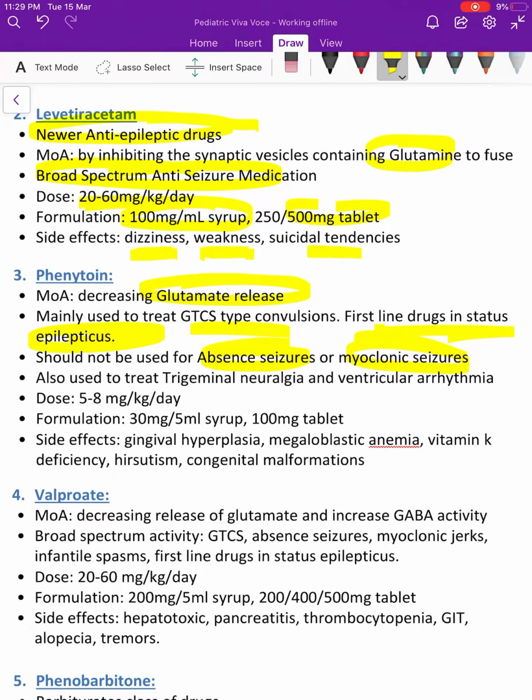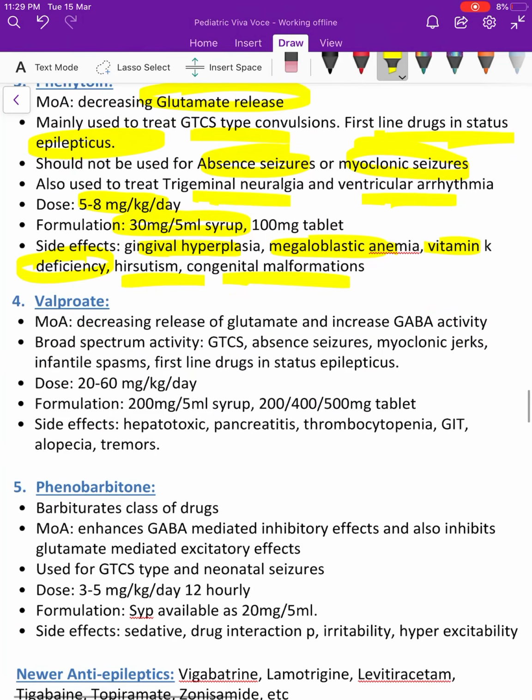It is also used to treat other conditions like trigeminal neuralgia, and it is one of the class of drugs used for ventricular arrhythmia. Dosage of phenytoin is 5 to 8 mg per kg per day. It is available as 30 mg per 5 ml syrup. Side effects will be gingival hyperplasia, megaloblastic anemia, vitamin K deficiency, hirsutism, and congenital malformations. We are aware of all these things.